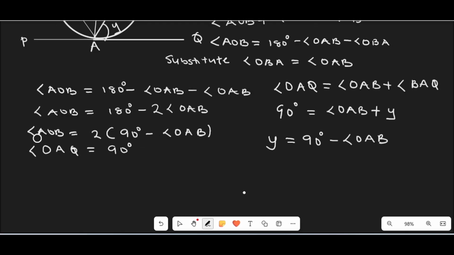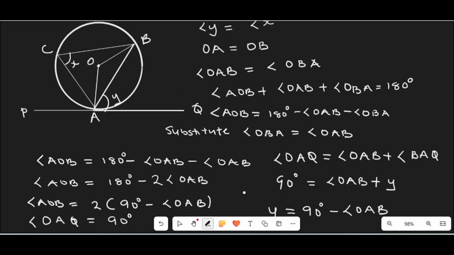Here our angle AOB equals 2 bracket 90 degrees minus angle OAB. So let us substitute Y in place of this. So our angle AOB equals 2Y.